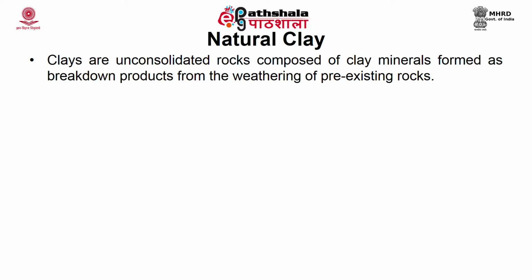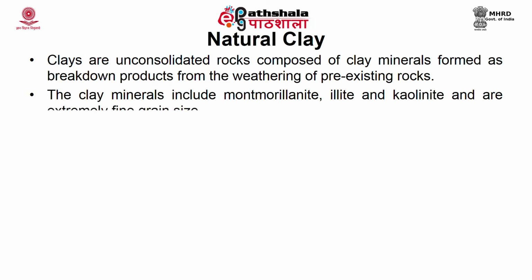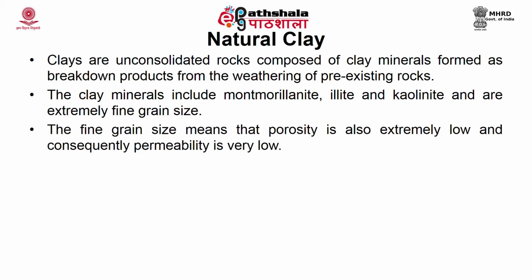Some examples of clay minerals are montmorillonite, illite and kaolinite, and they have extremely fine grain size. The grain size will always determine the porosity of the material. So, the finer grain size means the porosity will be extremely low and the permeability also will be very low.